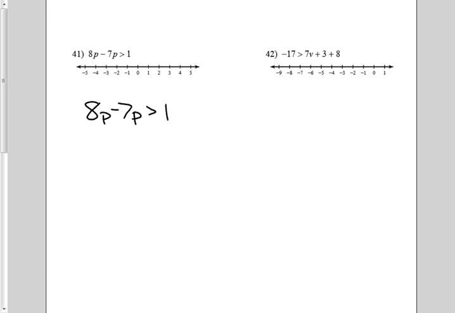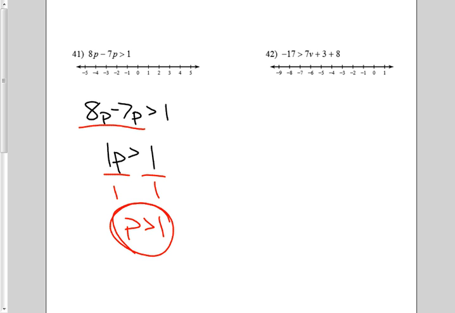I'm going to combine like terms. And then just make sure, I don't really need to do this, but go ahead and make sure my variable is isolated.